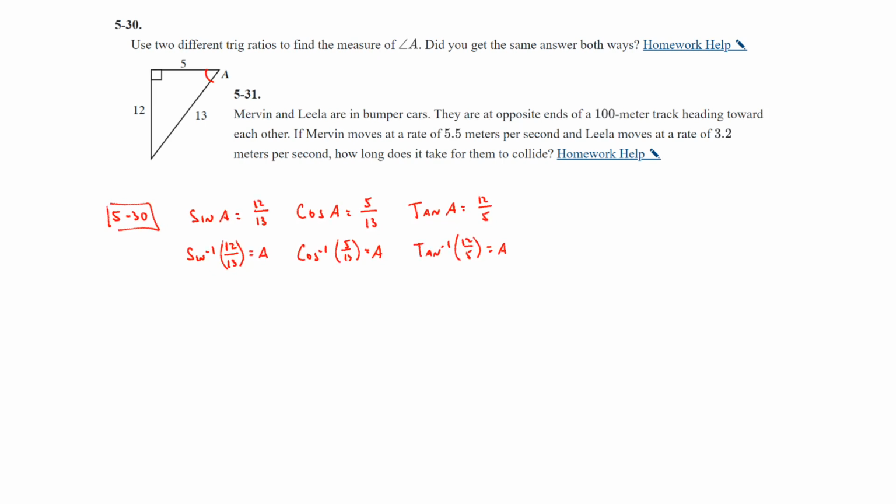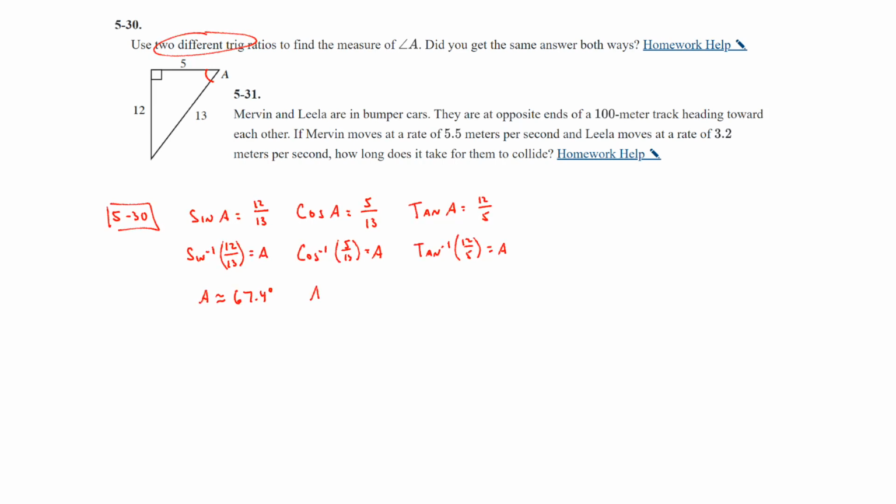So it says use two different ones. I'm just showing you all three. It doesn't matter which one you plug in. If you use inverse sine, you'll do 12 divided by 13 when you press the inverse sine button, and you'll get an approximation for that angle measure. When I plugged it in, A was approximately 67.4 degrees, and make sure you label degrees.